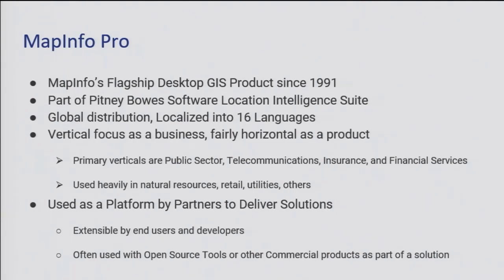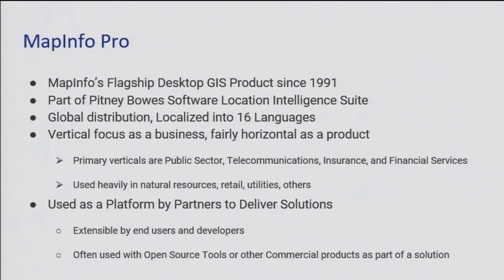It's vertical focused, but a fairly horizontal product, similar to ArcGIS, basically, in its uses. Primary verticals: public sector, a lot of telecommunications companies use it, insurance, financial service, natural resources, particularly in Australia, all kinds of uses.